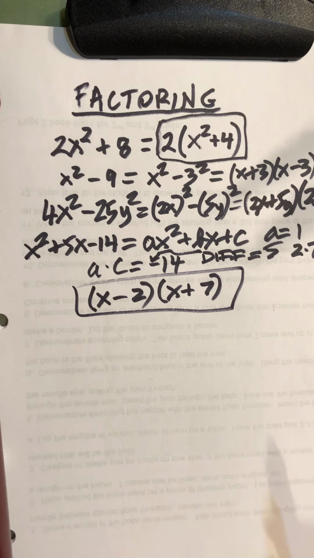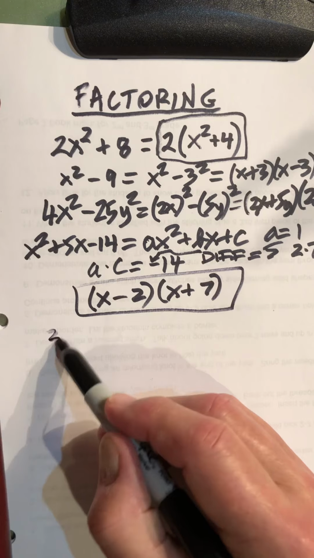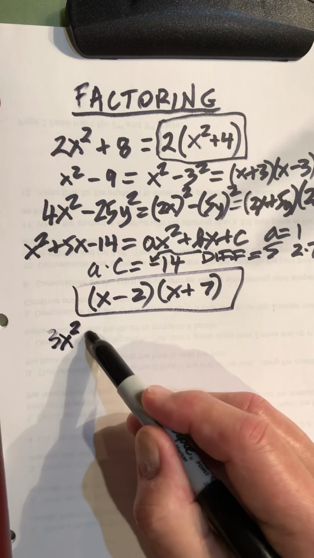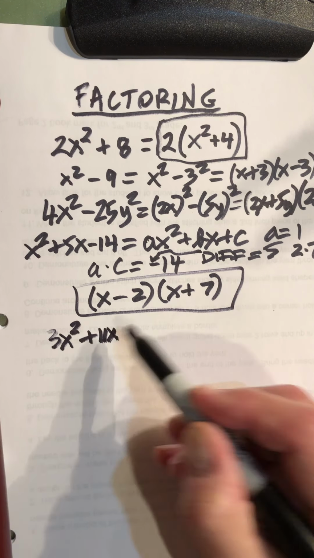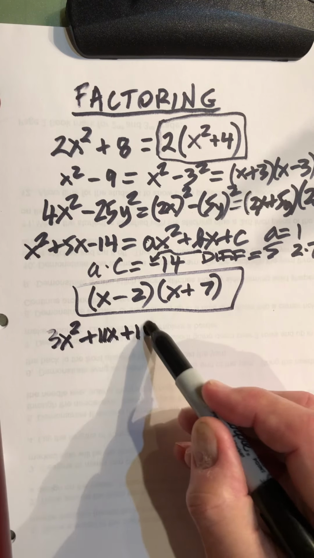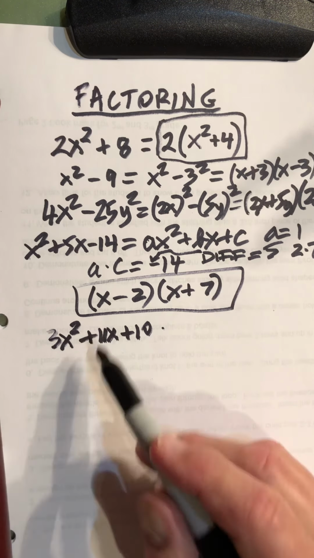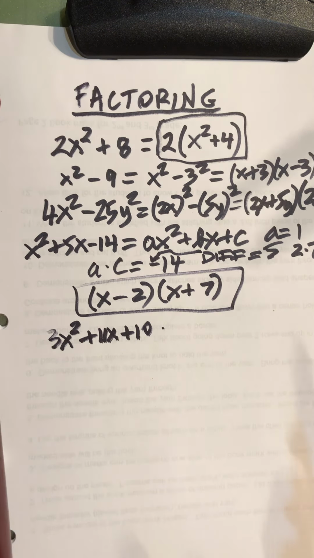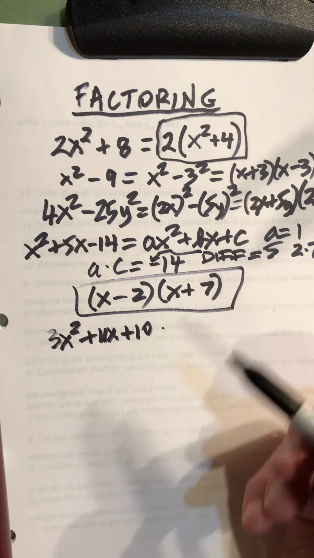Let's do another one. Make it a little more complicated. How about 3x squared plus 11x plus 10? Okay, now I try to divide everything by 3, but 3 won't divide evenly into 11 or 10.